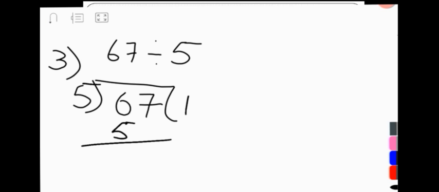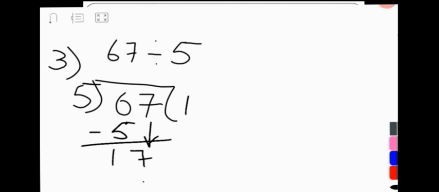Now the next step is to subtract both numbers. So 6 minus 5 is 1. Now the next step is to take the 7 down. So it becomes 17. Now we have to check whether 17 comes in the table of 5 or not. So 17 doesn't come in the table of 5.